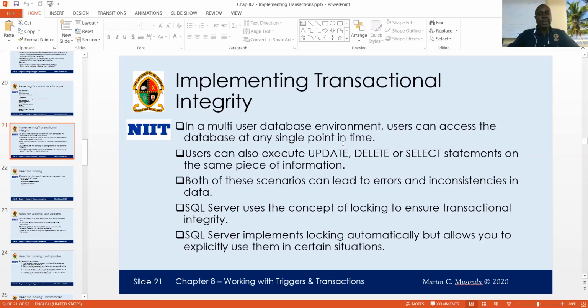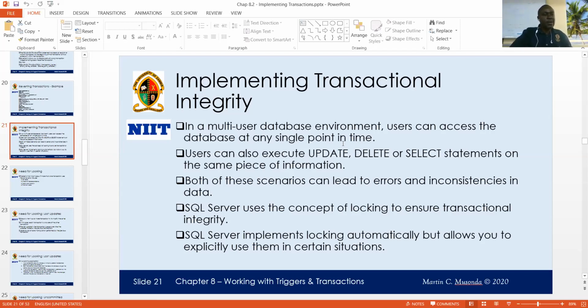Users can also execute update, delete, and or select statements on the same piece of information. You have designed a payroll system, and today is the last day before you close the payroll and prepare the pay slips. So you might have more than one accountant working. This accountant will be trying to increase the salary scale of one employee.